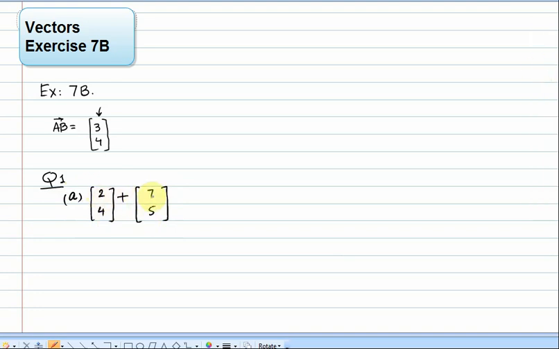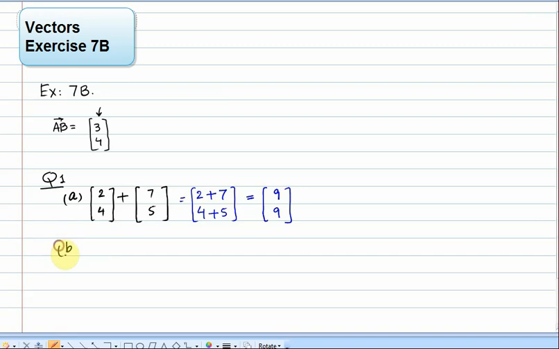You need to add the corresponding members. So it will be 2 plus 7 and 4 plus 5. The answer will be 9 and 9. So that is your answer for adding these two vectors.